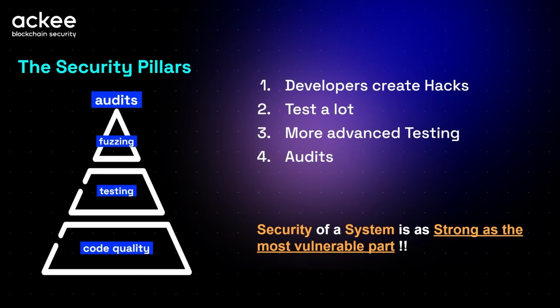In this case, we were talking about fuzzing, and the tip of the iceberg was dedicated to the audits. I have one sentence here that is always true: the security of a system is only as strong as the most vulnerable part of the system. So this can go from the source code to even the employees, as I was talking about.